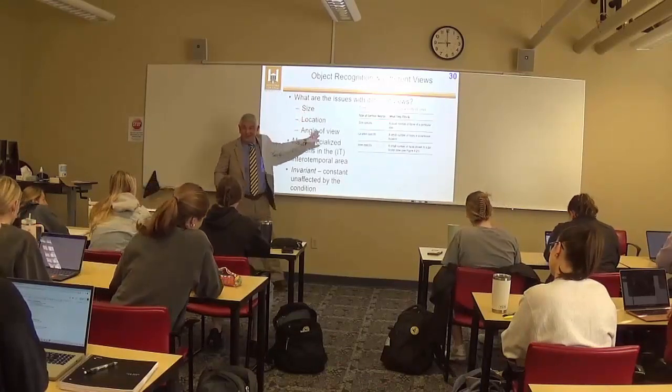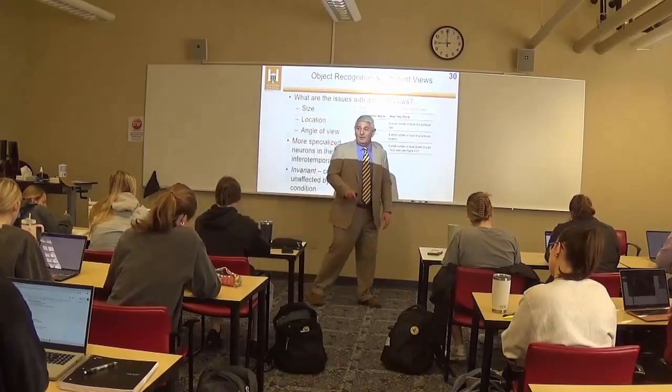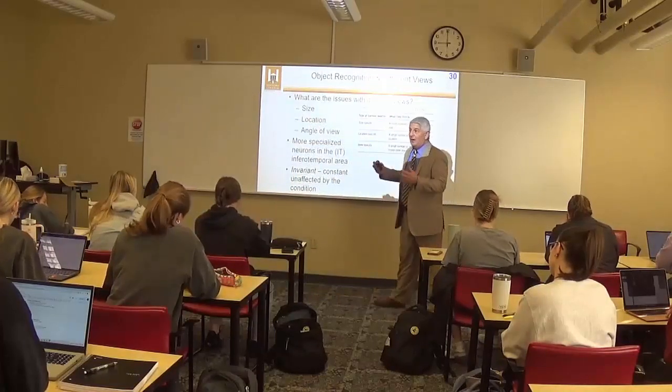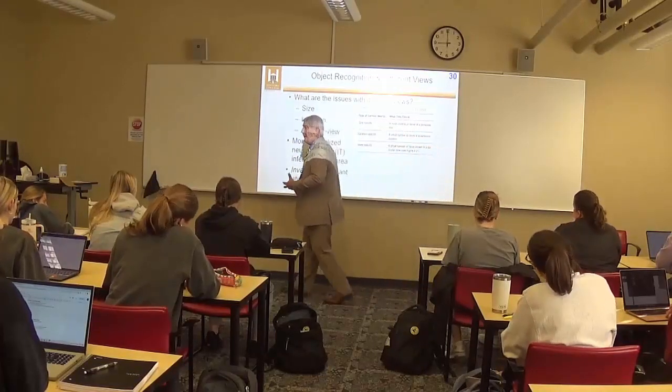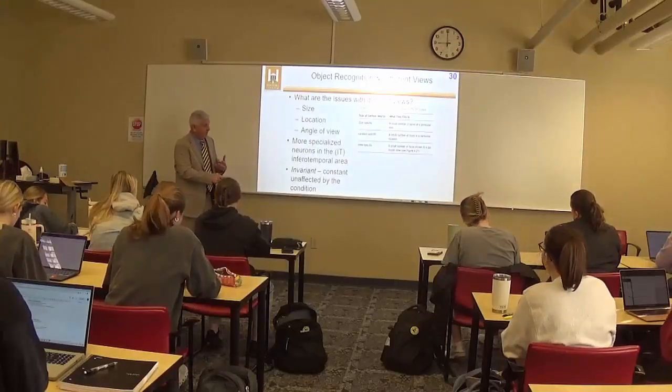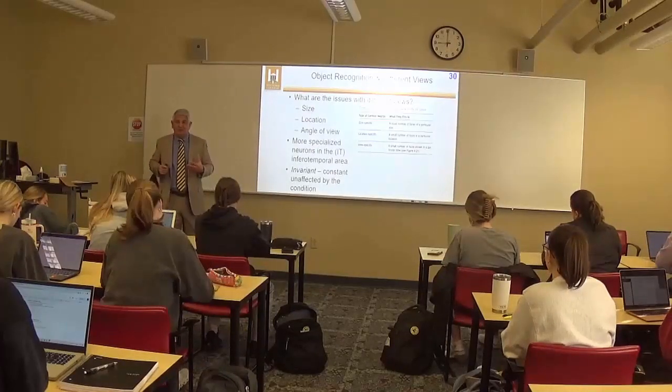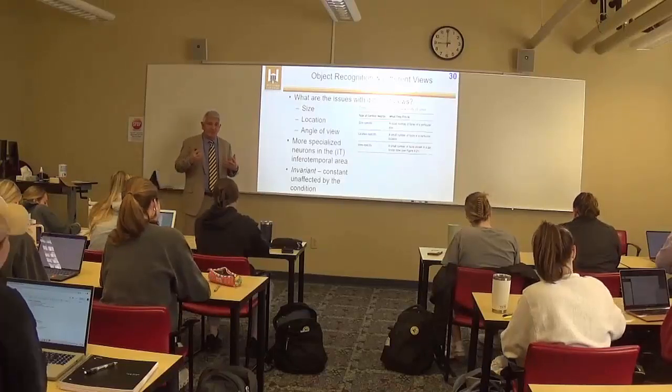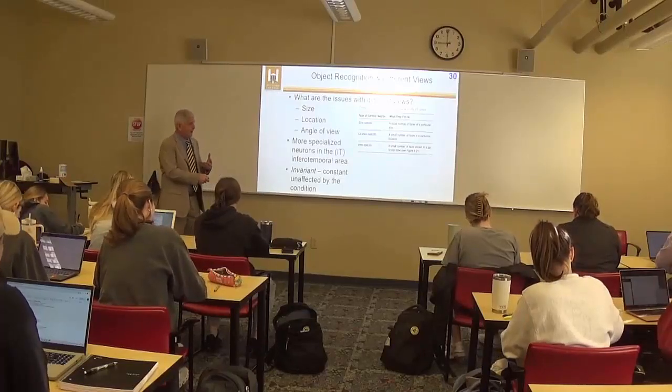You want to know where I am. Am I over here or am I over here? Location matters. You want to know which angle of my head you're looking at. So we want to have some specific neurons that fire to faces of different sizes, because that's an important thing for us to detect, and where they are and what view.